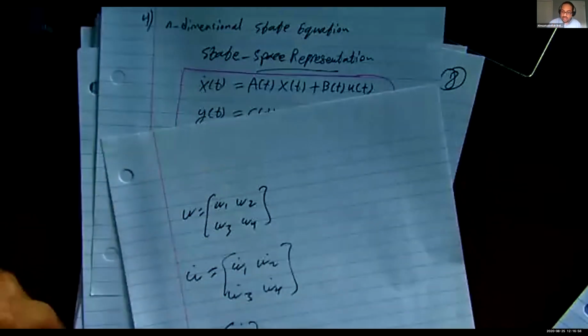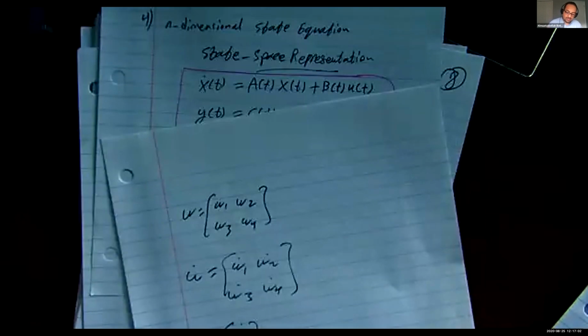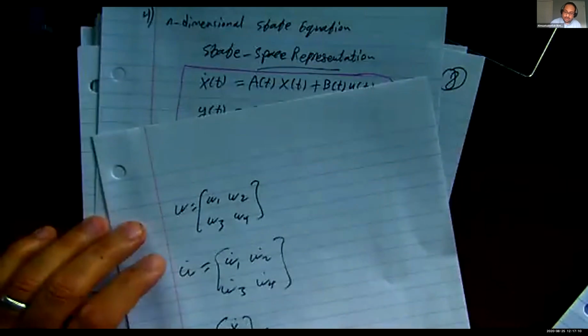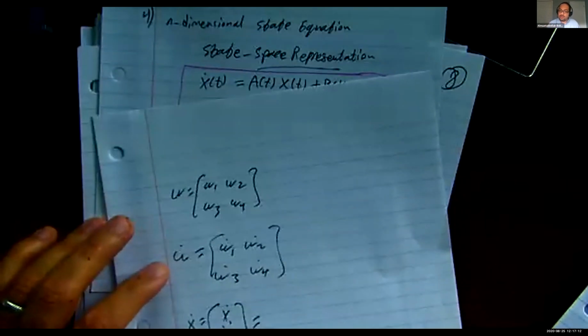By the way, a vector is a special case of a matrix. So theoretically speaking, whatever is valid for a vector form should be valid for a matrix form. You just need to pay attention to the dimensions.